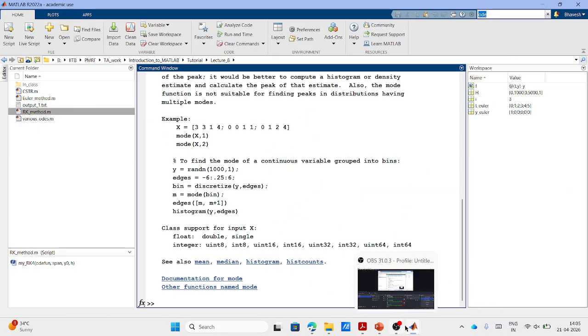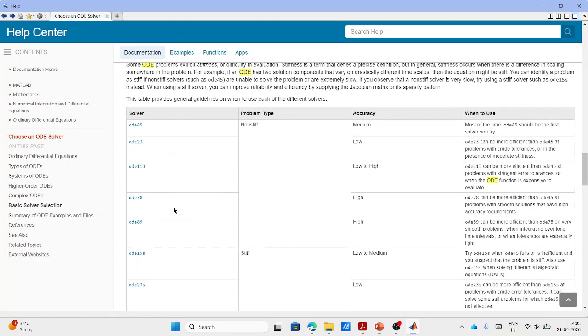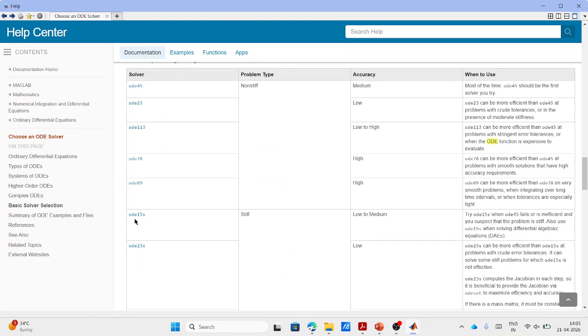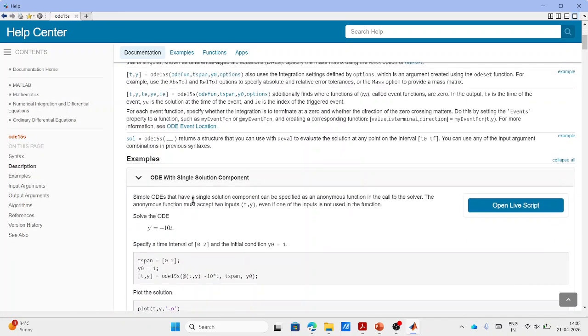Same way, here you have ODE15s, which is for stiff equations.